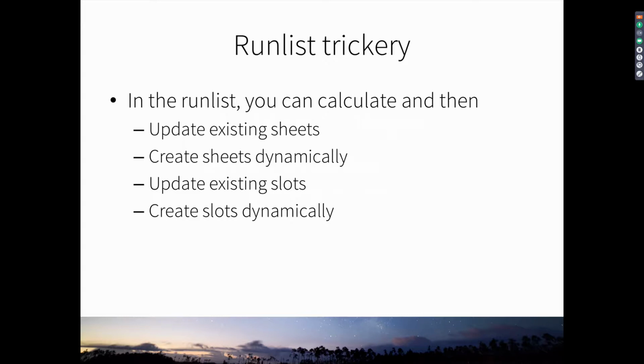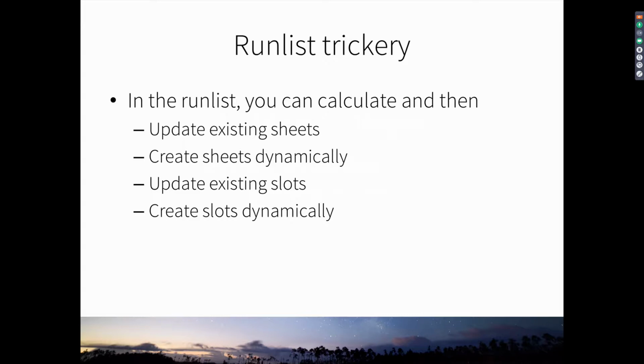So if I don't know ahead of time what the size of my sheet will be, because I don't know ahead of time what the size of the book will be that I'm imposing, for example, then I could use those commands to either modify a sheet that I have defined in my sheet config or create a new sheet from scratch. And the same thing goes for slots. I have a command that will look at a slot and then update it dynamically on the fly.